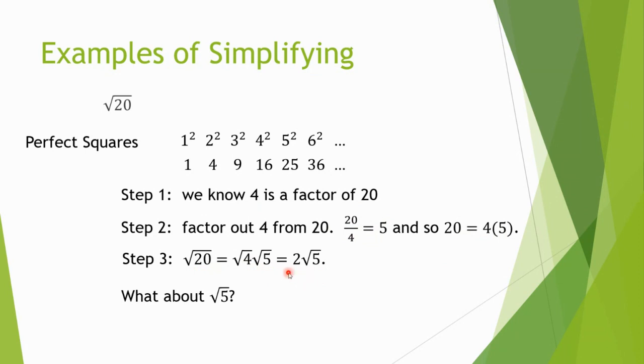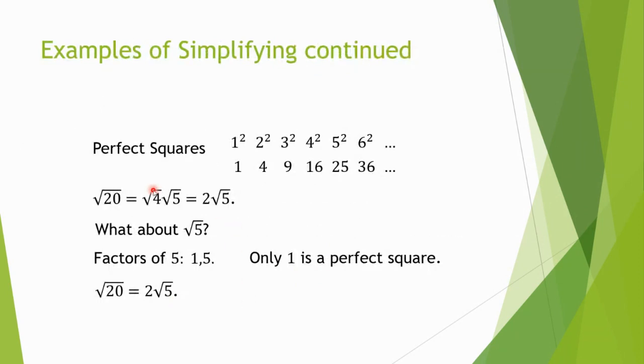Now the question is, what about the square root of 5? We have to wonder, is that remaining square root simplified here? Well, let's take a look. This I just reproduced for convenience.